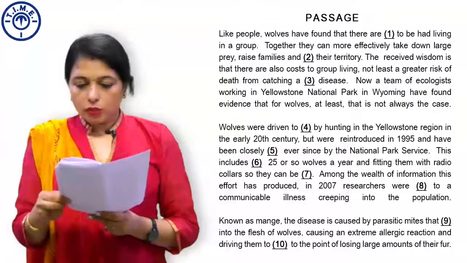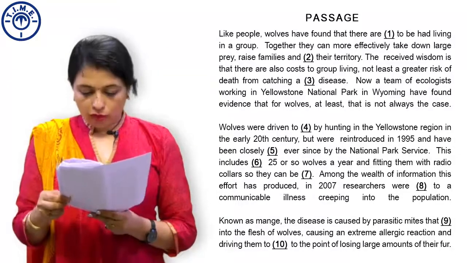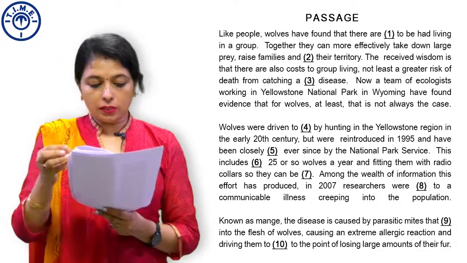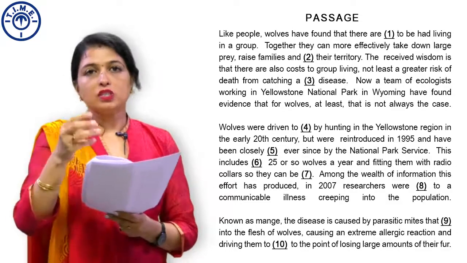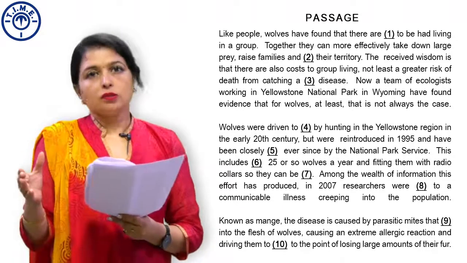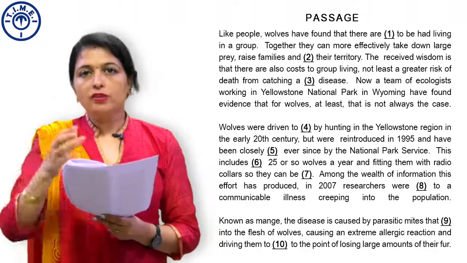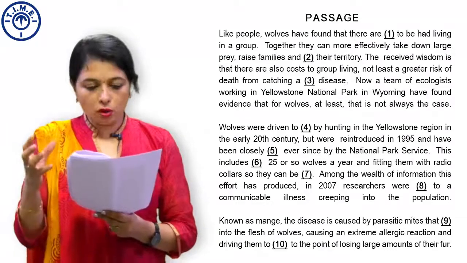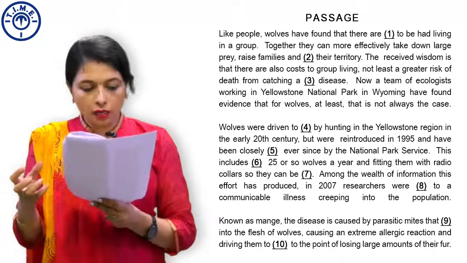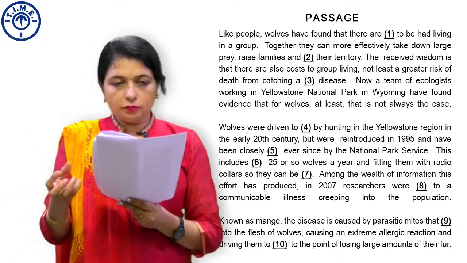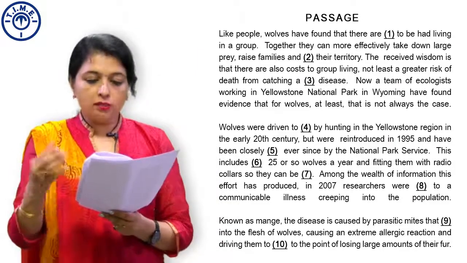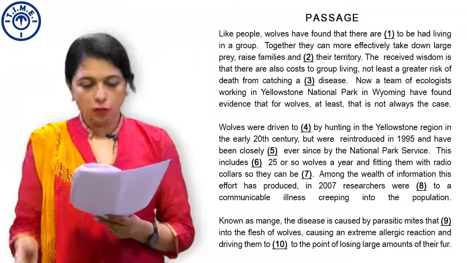Driving them to dash to the point of losing large amounts of their fur. So, when these mites cause the disease, the flesh of the wolves gets affected, and this probably causes the animals a lot of allergic reaction which makes it very uncomfortable. Probably it involves some kind of scratching, and therefore it results in them losing a large amount of fur.